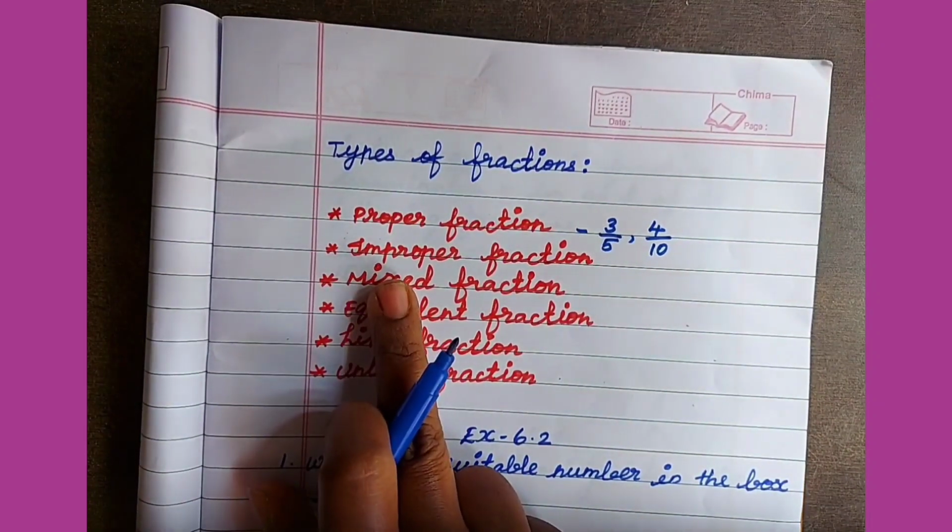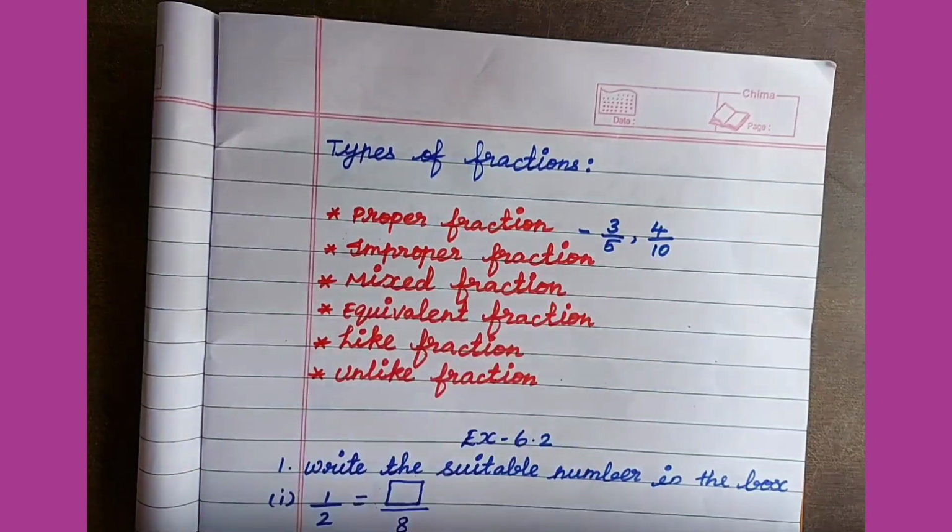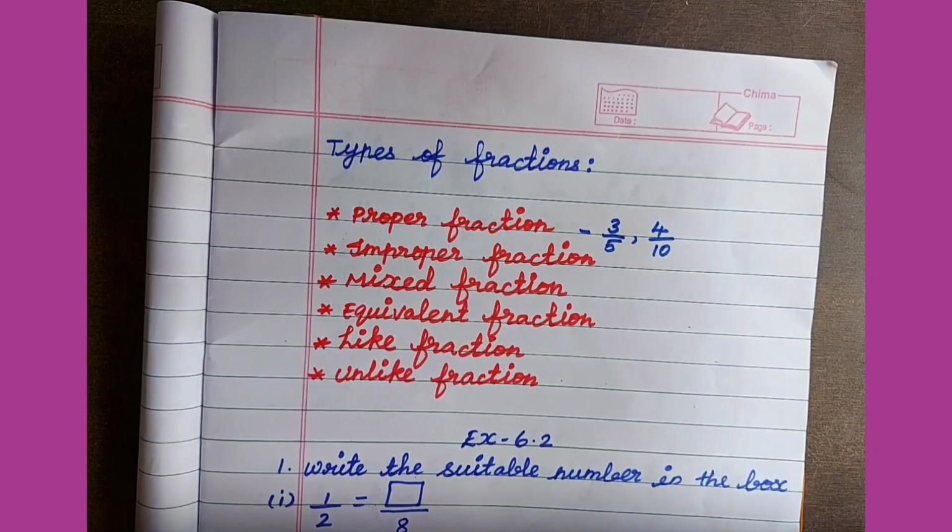Second one, improper fraction. Improper fraction means in a fraction, if the numerator is greater than the denominator, then it is called an improper fraction. So the numerator value is big and the denominator value is small, that type of fraction is an improper fraction.